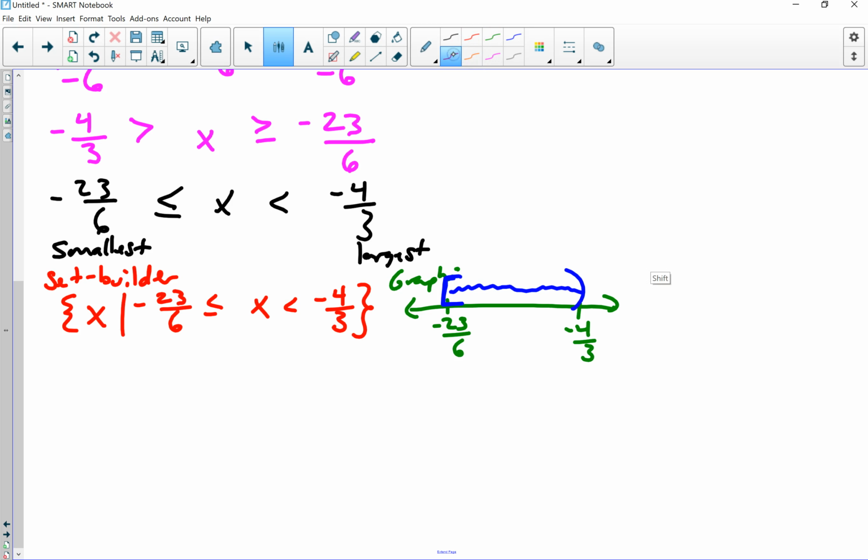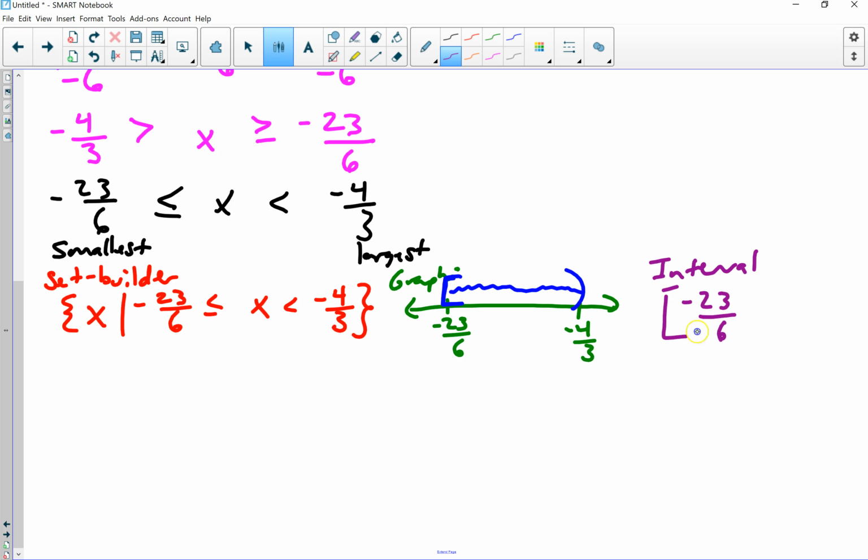And then lastly, we would do the interval. An interval is a lot easier once you graph it because it mirrors the graph on the number line pretty well. So here, on the left, we wrote the least value for our interval. Same idea. I'm going to write the least value, -23/6, on the left. This guy got a bracket because I'm allowed to be equivalent.